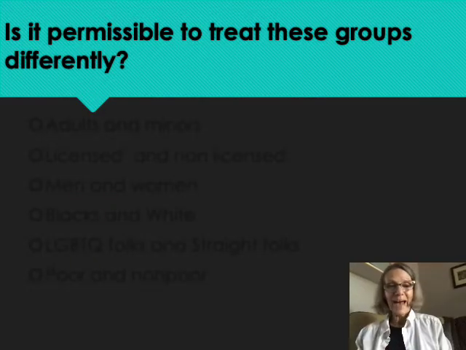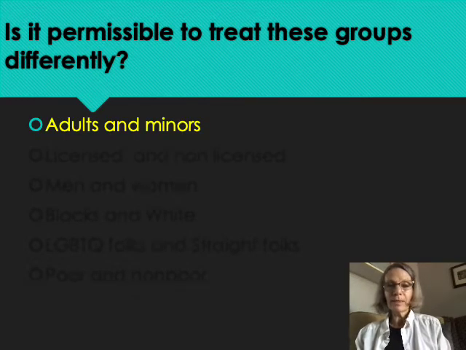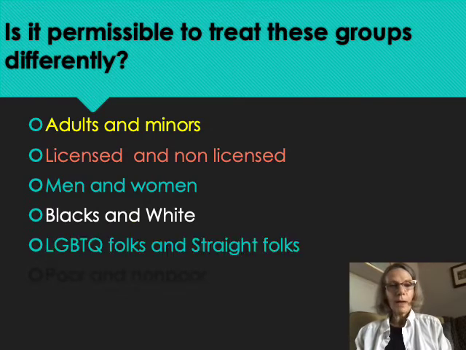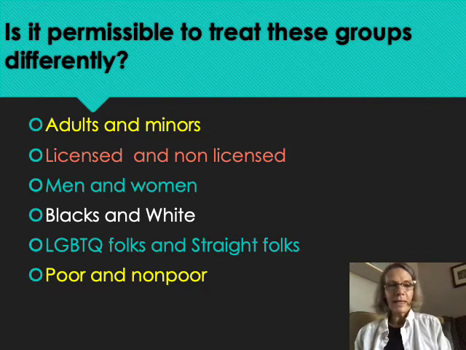Okay, so welcome back. So what do you think about these different categories in terms of the permissibility of treating these groups differently? Well, let me put up, and we won't spend a lot of time here, but in the red, treating people differently based on whether they have a license to do a job. I think that most people would say that's completely reasonable.